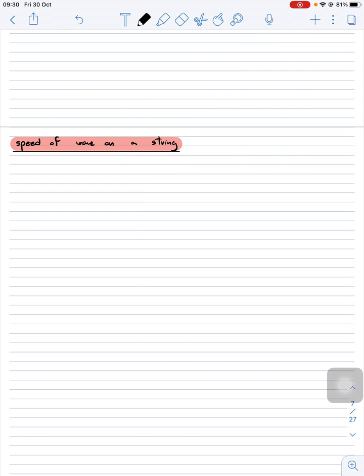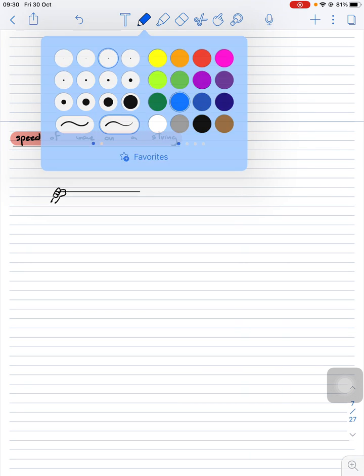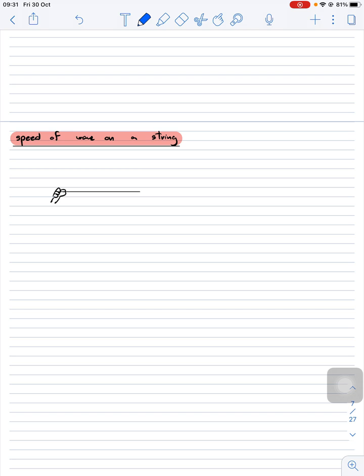Let's say I have a string here, and I'm just grabbing the string on this side, and the tension on the string is equal to Ft. Let me draw the free body diagram of the string here. We have the tension on the string equal to Ft.